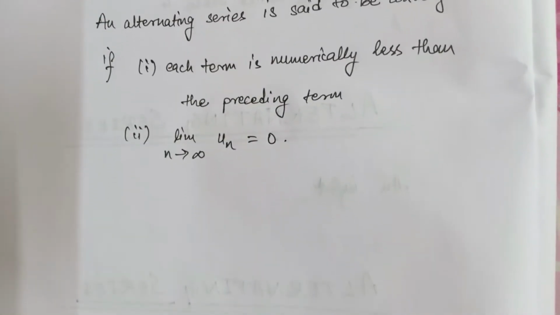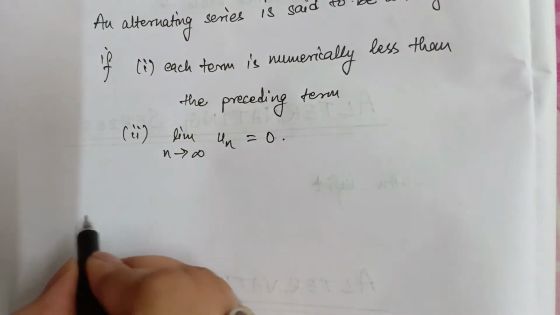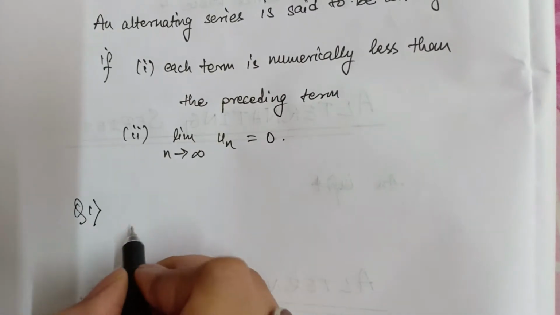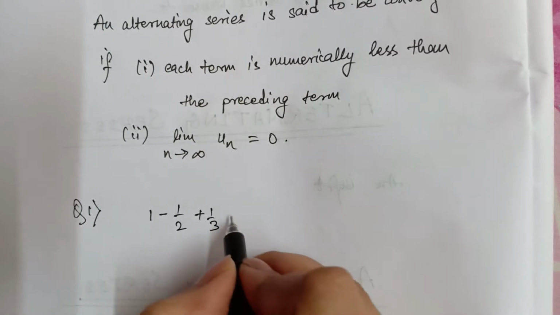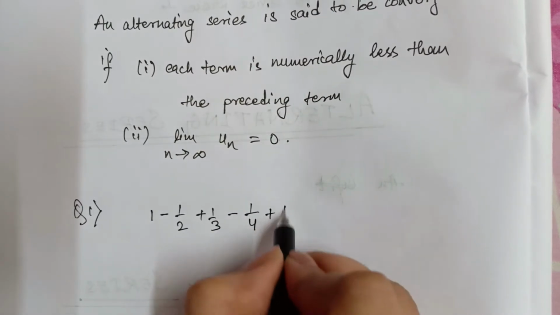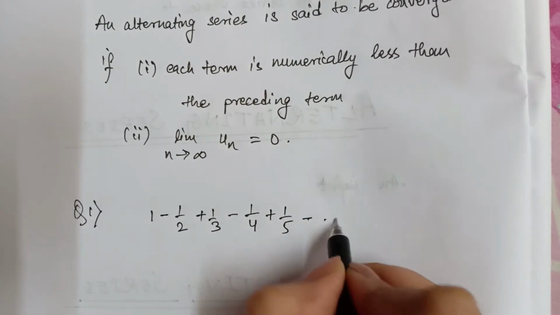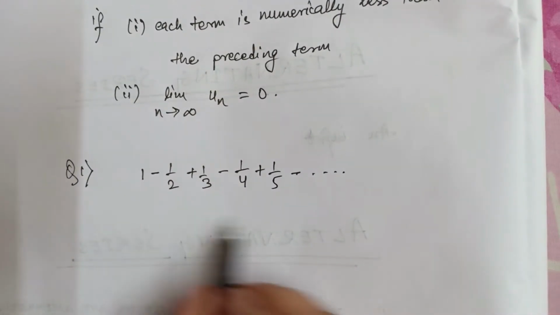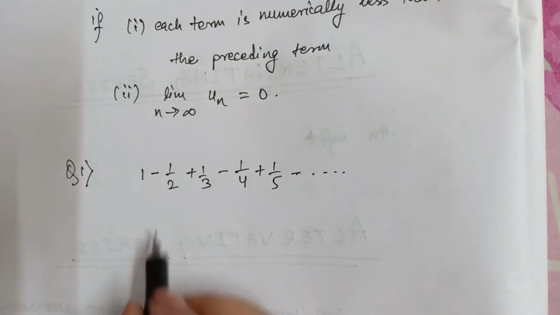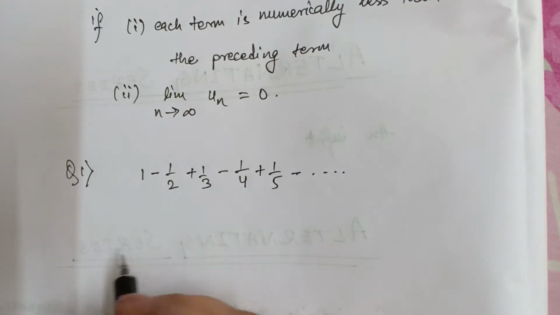So let's test the convergence for this series, which is 1 minus 1 by 2 plus 1 by 3 minus 1 by 4 plus 1 by 5, and this continues. So the given infinite series is this one, and this is an alternating series.